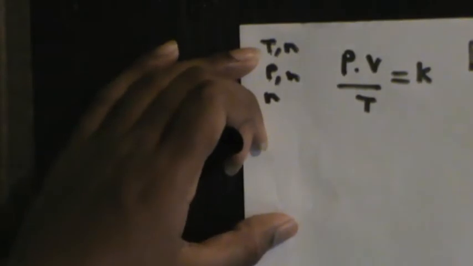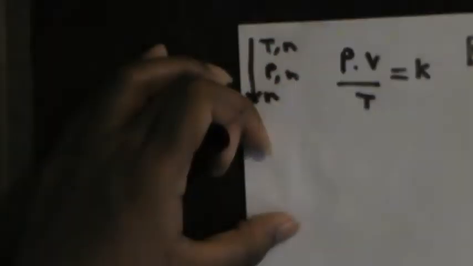For Charles' law I kept P constant, for Boyle's law I kept T constant, and for the combined gas law I kept n constant. So I have been decreasing the number of constraints, the number of things I hold constant.